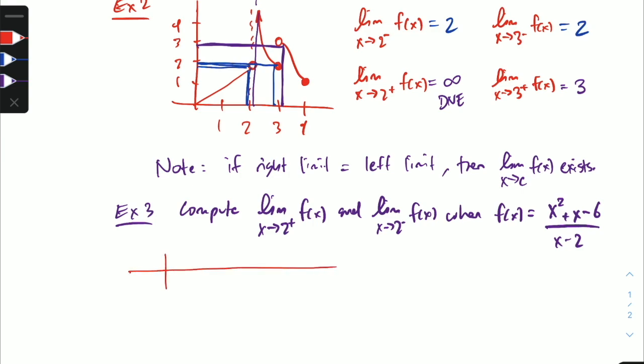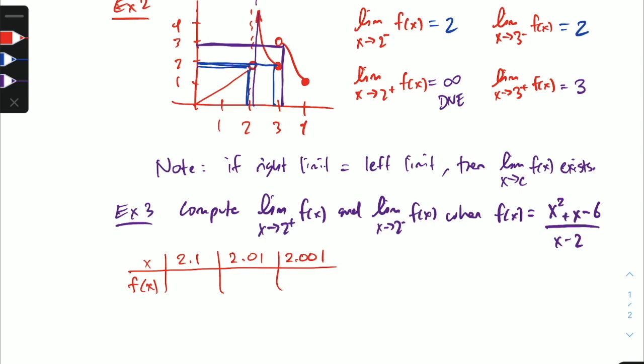The way I'm going to do the right limit is I'm going to pick values that are above 2, and then I'm going to pick values below 2 for the left limit. So we'll start with 2.1. That's a value that's above 2 and not very far above 2. And then we'll put numbers that are even closer to 2, but still above 2. And we'll see what the trend is.